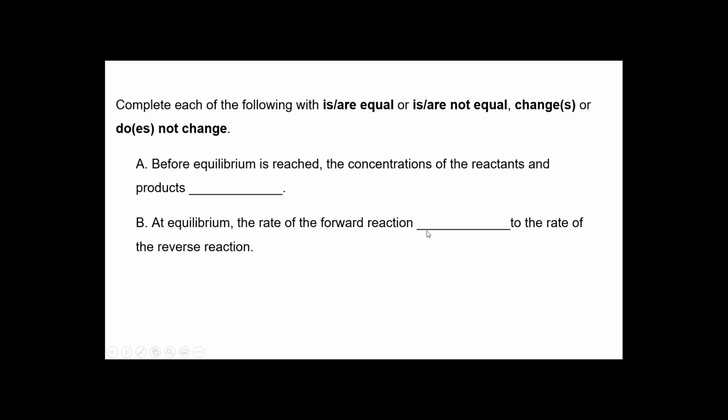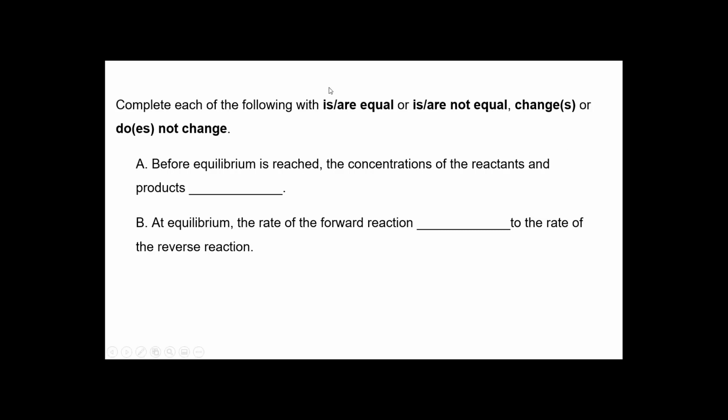So let's do a little bit of testing on this. Complete each of the following with is or are equal, or is or are not equal, changes, or does not change. Before equilibrium is reached, the concentration of the reactants and the products.